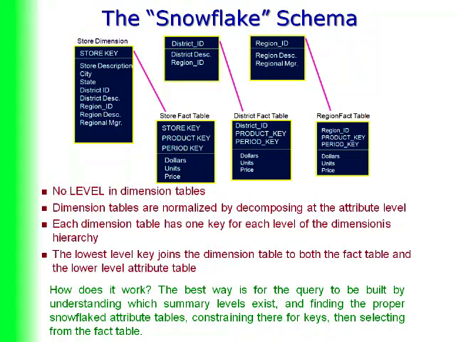Each dimension table has one key for each level of the dimension's hierarchy. The lowest level key joins the dimension table to both the fact table and the lower level attribute table. But how does it work? The best way is for the query to be built by understanding which summary levels exist and finding the proper snowflake attribute tables, constraining their keys, then selecting from the fact table.